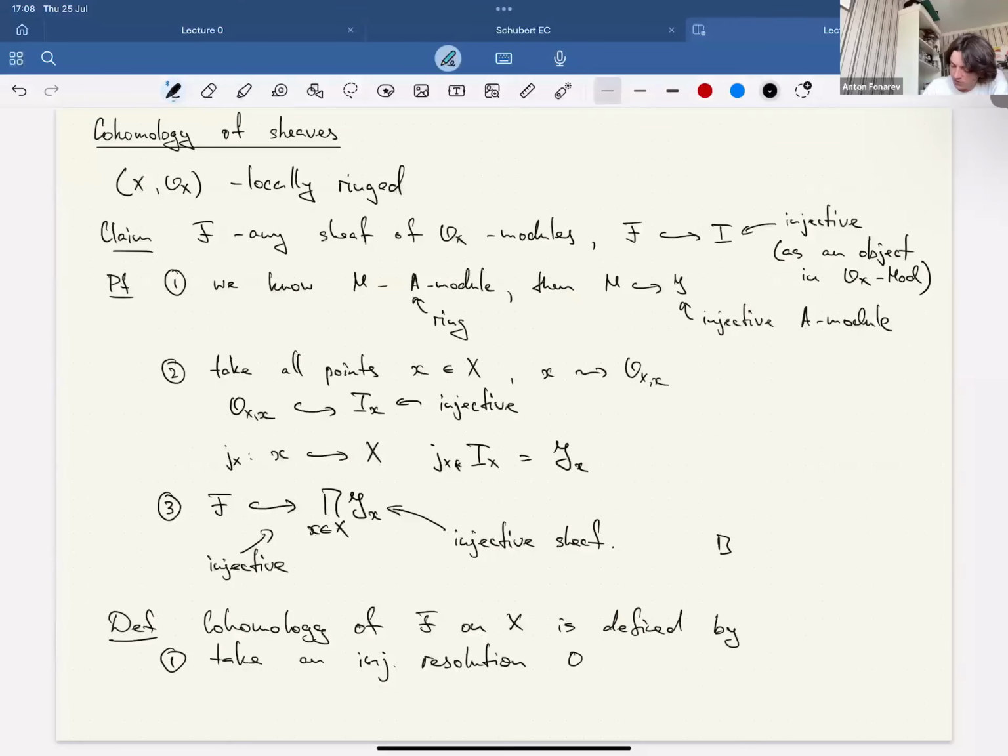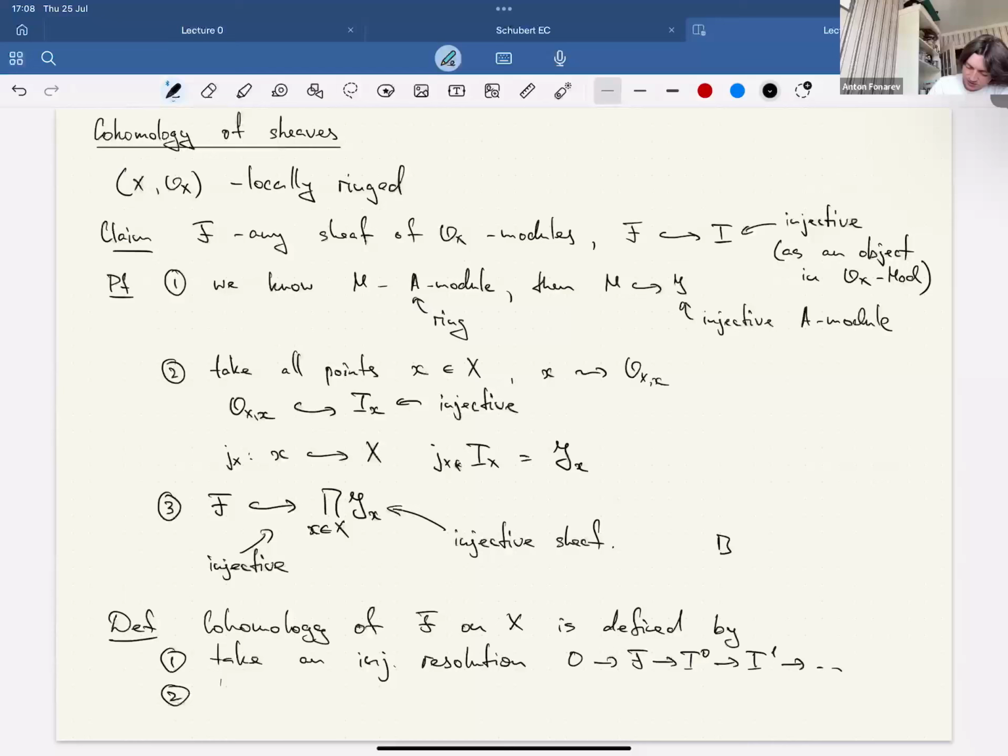So you construct a complex of the form: F, you embed into an injective sheaf I0, you take the quotient, embed into I1, and you continue this way.